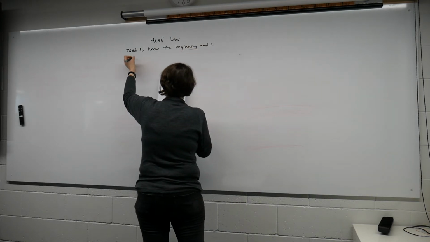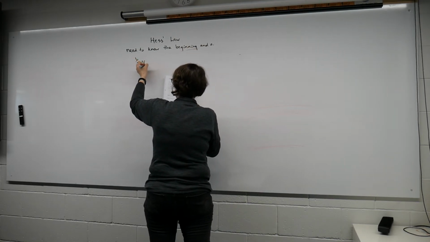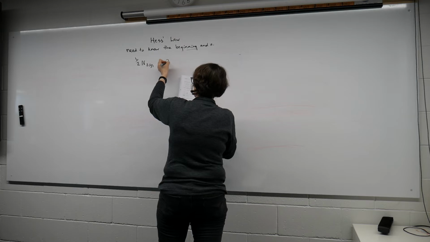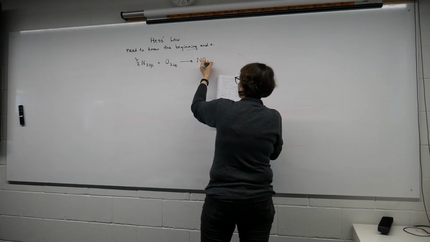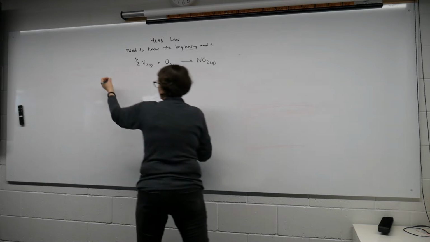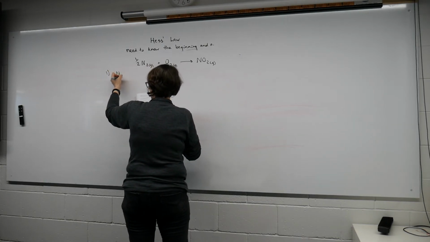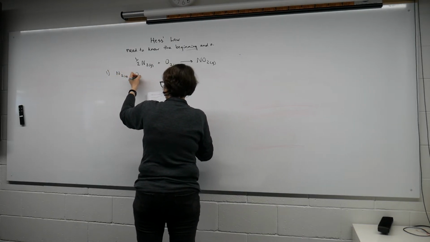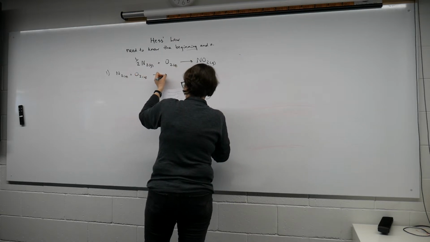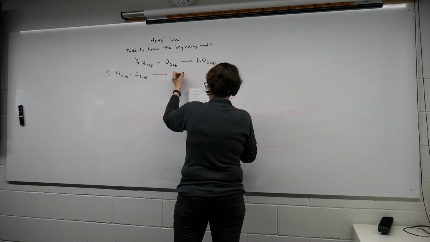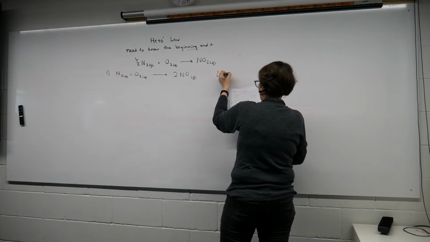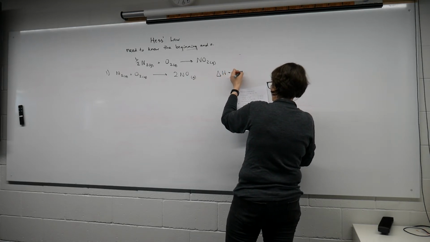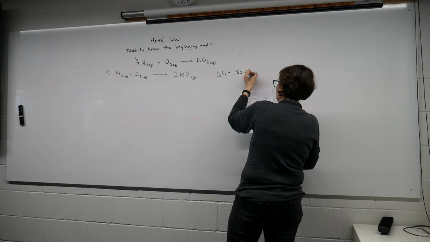same deal. We want to do a half nitrogen gas plus oxygen gas, giving us nitrogen dioxide gas, and we're given N2 gas plus O2 gas, giving us 2NO, nitrogen monoxide, delta H 180.5 kilojoules.